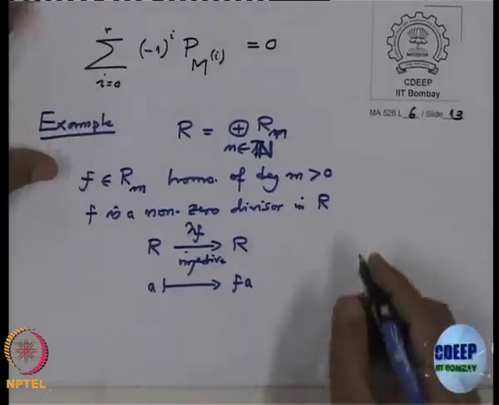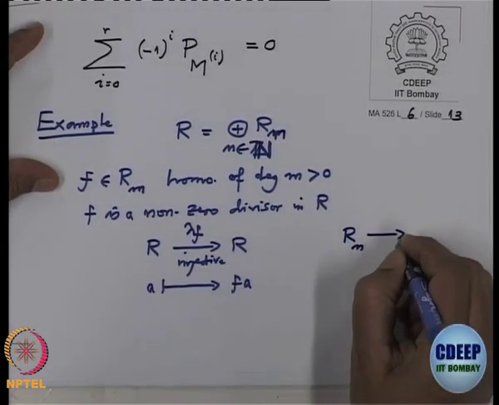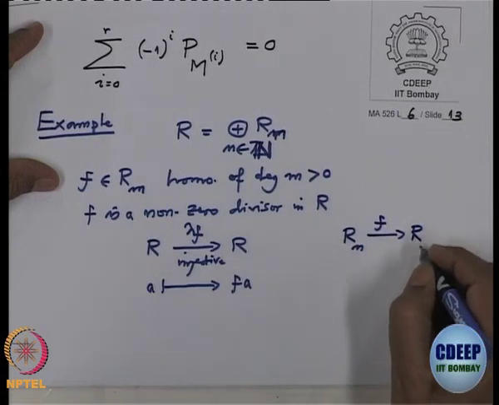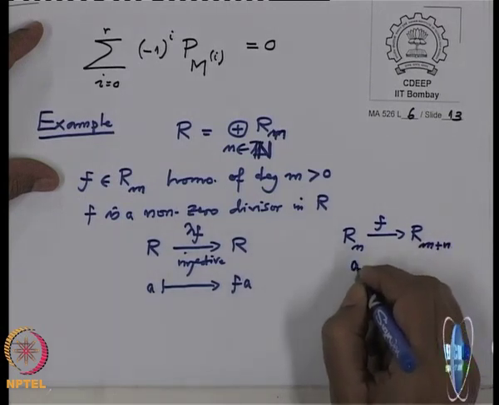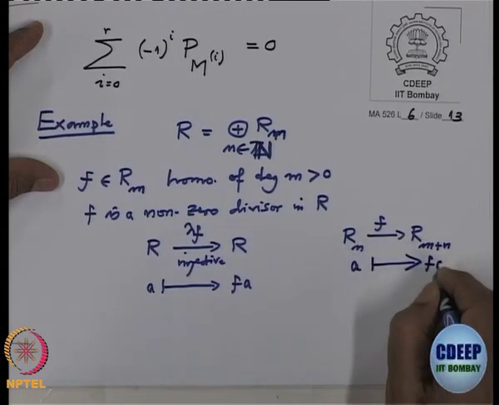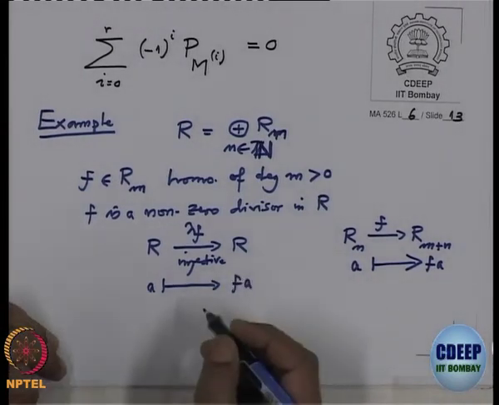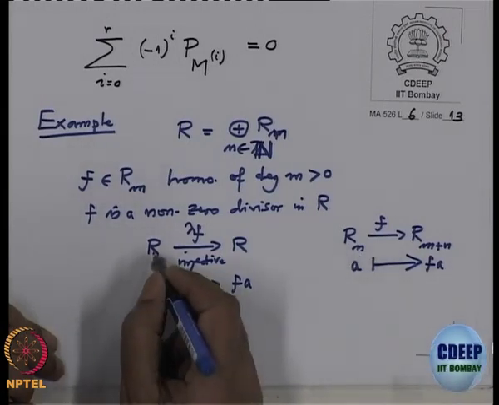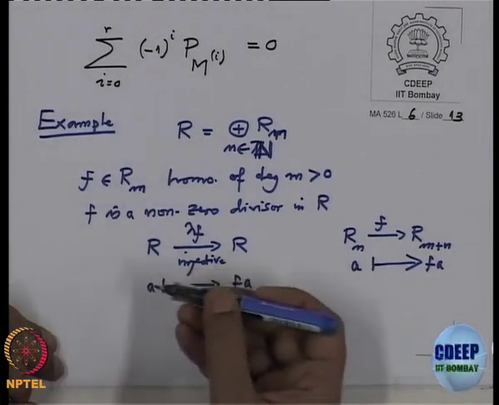If I take a homogeneous element of degree n and multiply by f, I get a homogeneous element of degree m plus n, so R_n will go to R_{m+n}.